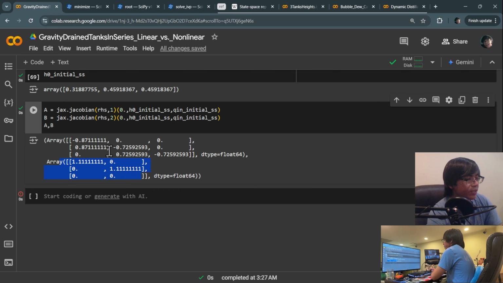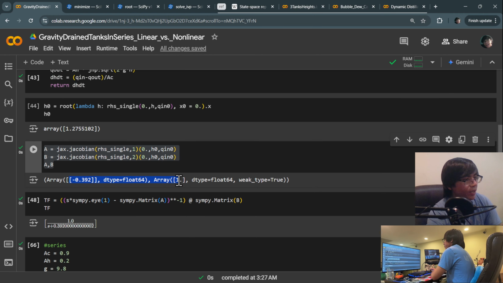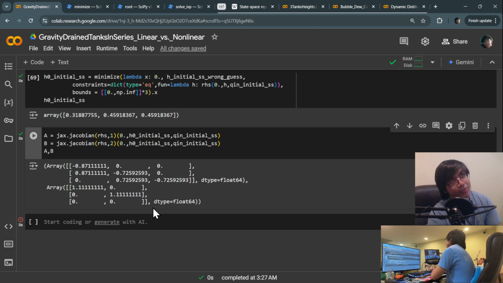Awesome. So instead of the single values we had earlier for A and B, our linearizations, those Taylor series expansions, are now matrices that show how each component of the variables responds to the inlet flows.